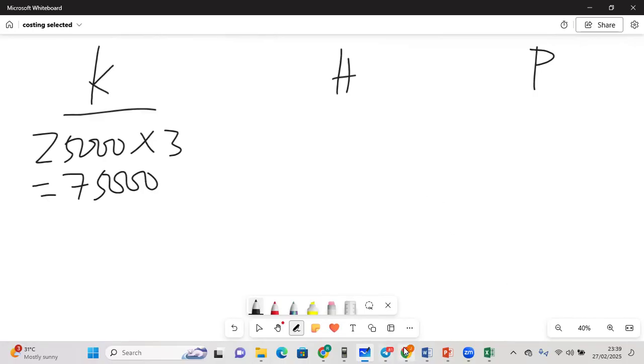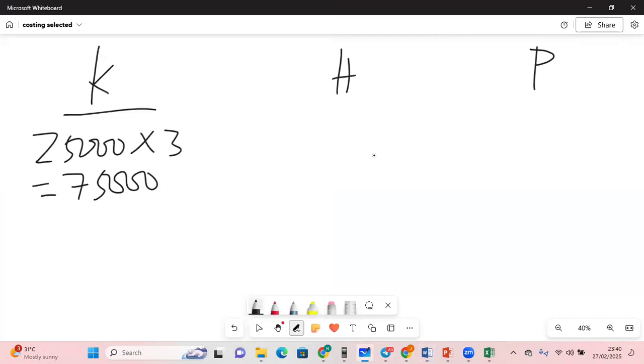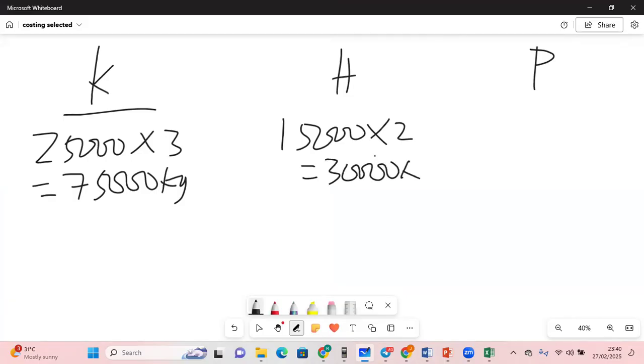Now for H, maximum usage is 15,000. Maximum lead time is what? 2. So 15,000 kg equal to 30,000 kg.